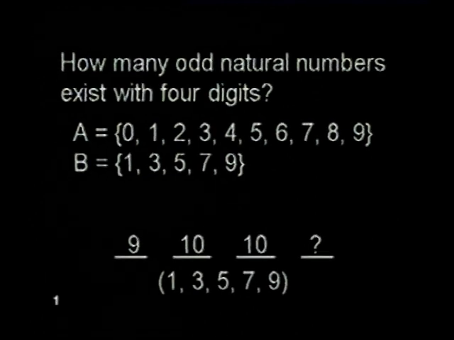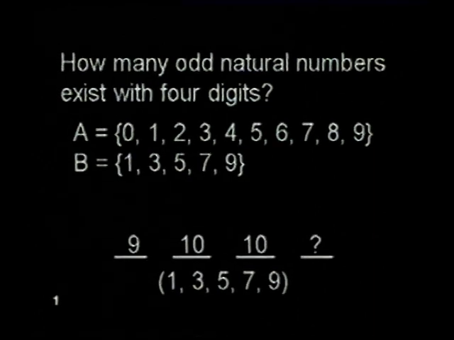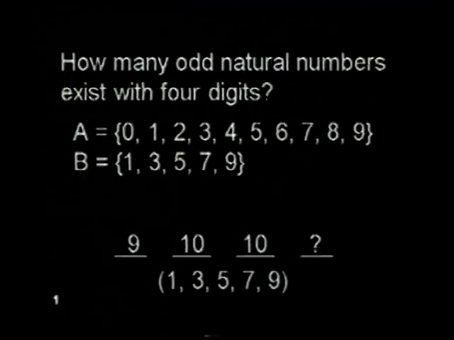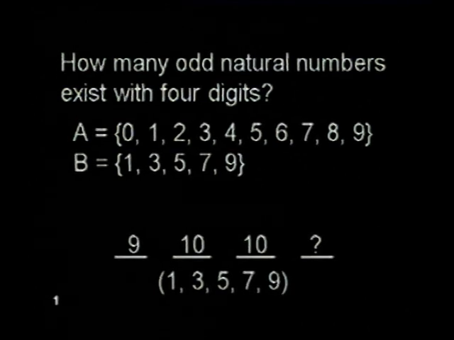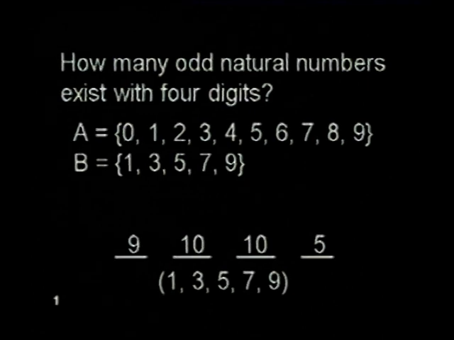Since we have stated that we are solving for the number of four-digit odd natural numbers, only the odd numbers can be used in the fourth blank. These are the elements of set B. Therefore, there are 5 possible choices for the fourth blank.